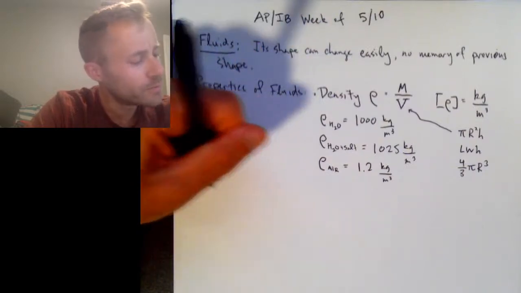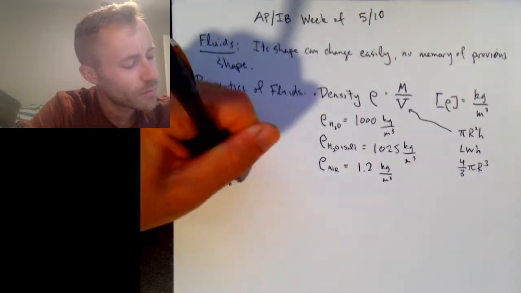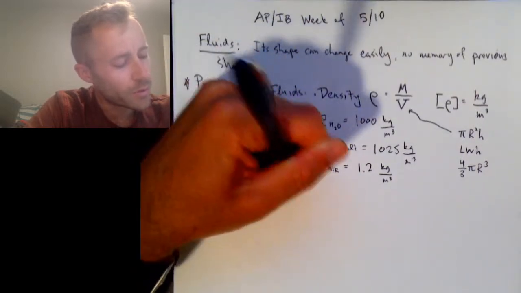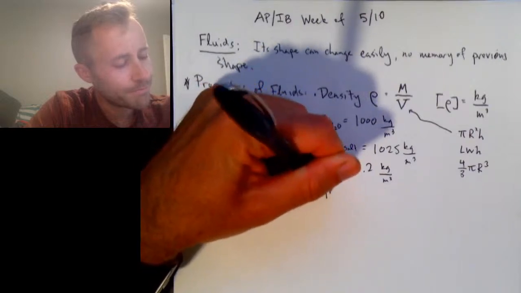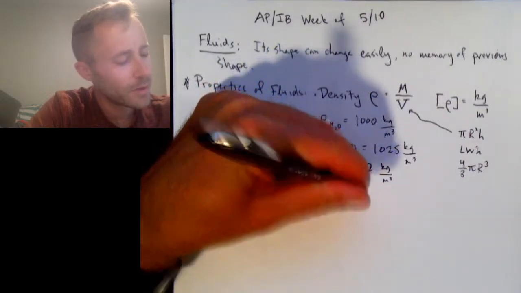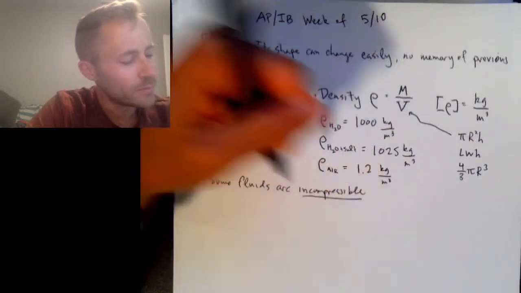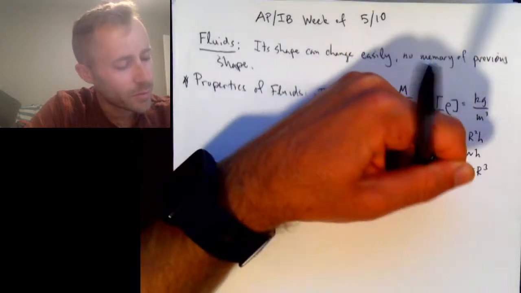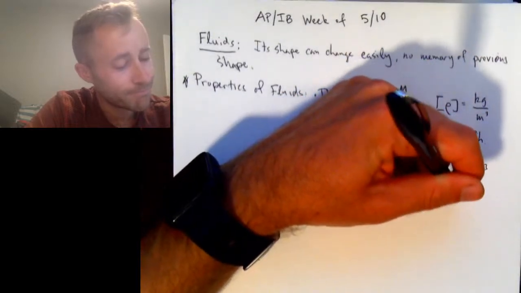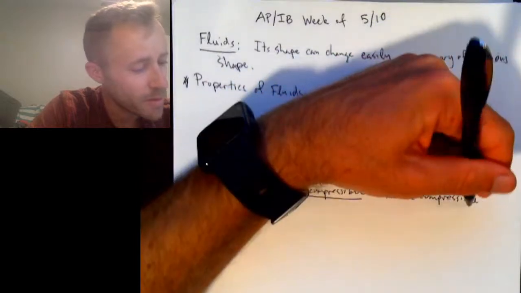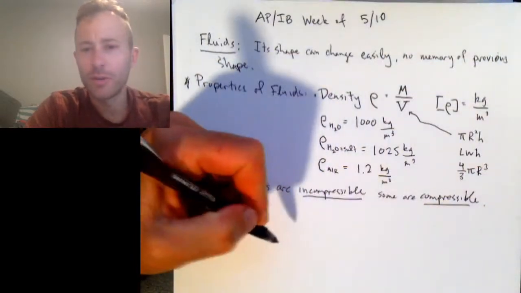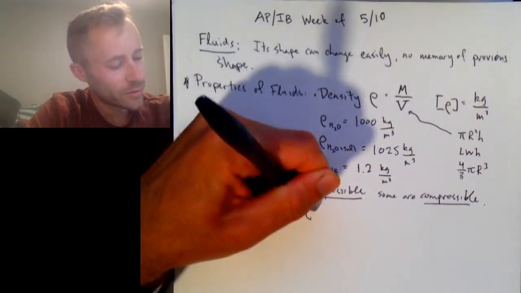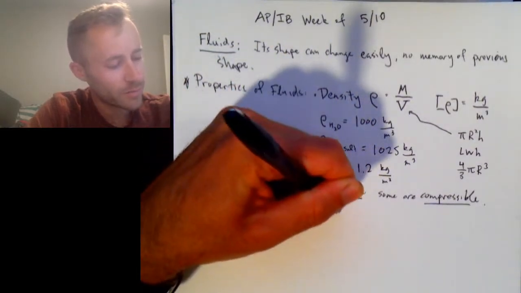Some fluids are incompressible. Some are compressible. Incompressible means that the density is approximately constant.